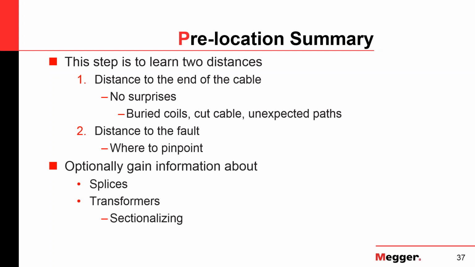And you can also gain additional information, which could be a webinar by itself, to count, or rather to identify, splices and transformers. So you can use the arc reflection method. It's a very powerful tool for sectionalizing, actually, because you get the distance to the fault and it puts you between two transformers, and then you know which segment of your cable to isolate, to sectionalize.